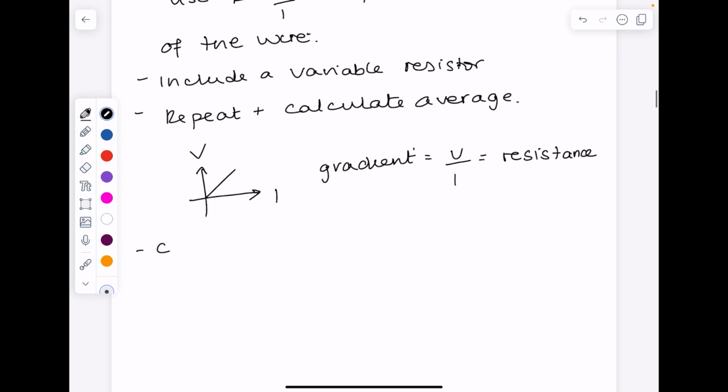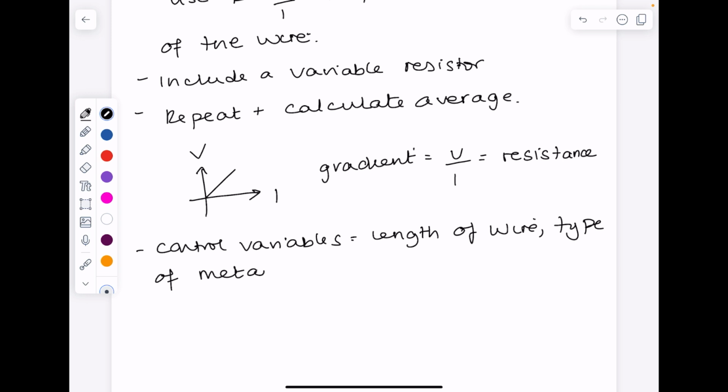And then don't forget your control variables, so that's what we keep the same. We need to keep the length of the wire the same, because after all, the longer the wire, the greater the resistance, the type of metal that the wire is made out of, the cross-sectional surface area of the wire, because the greater the cross-sectional area, the lower the resistance.